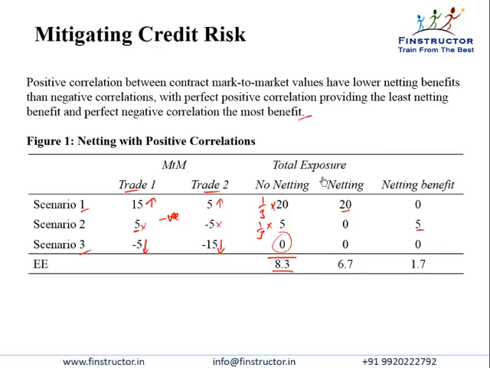And similarly with netting, if all the scenarios were equally likely, you will get the expected exposure as 6.7 and the expected netting benefit as 1.7, since there will be no netting benefit in the first scenario and the third scenario.